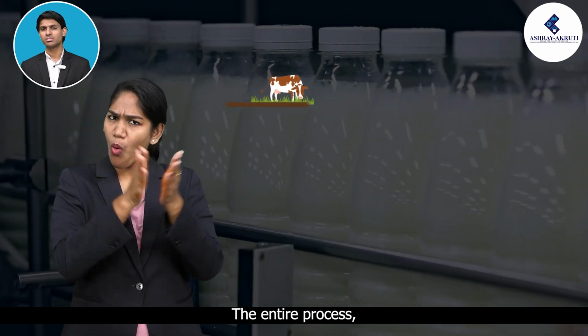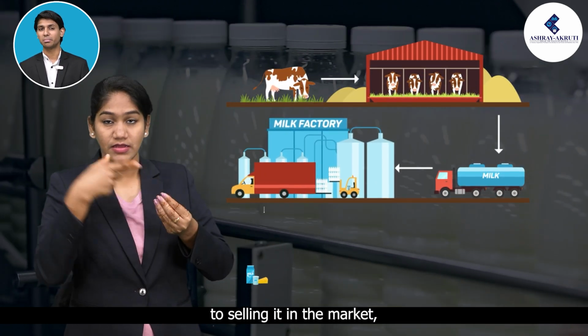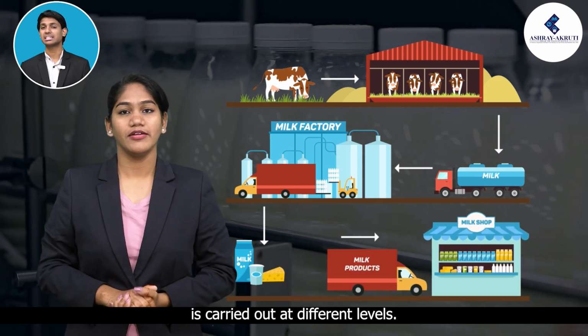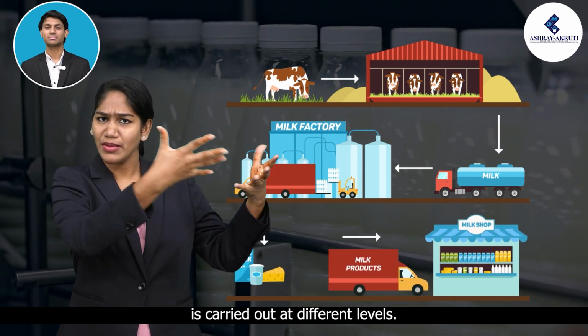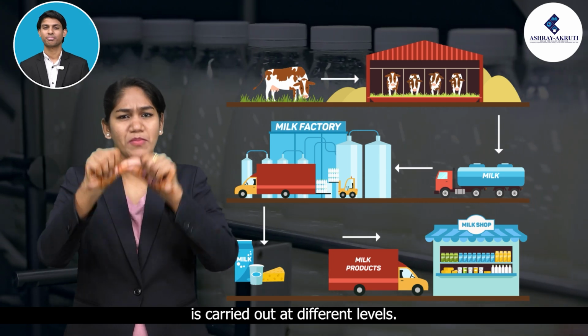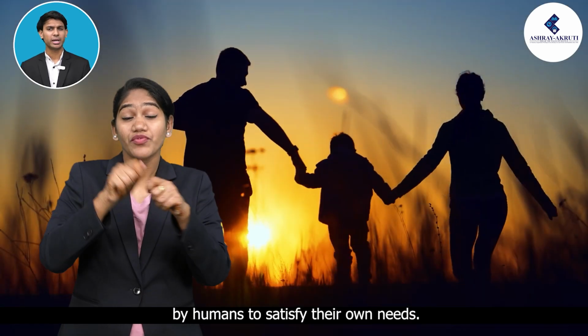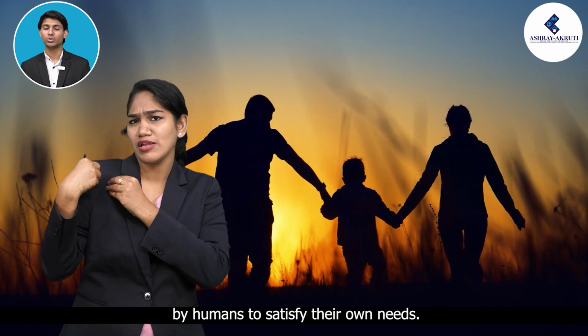The entire process from obtaining milk to selling it in the market is carried out at different levels. These activities are undertaken by humans to satisfy their own needs.